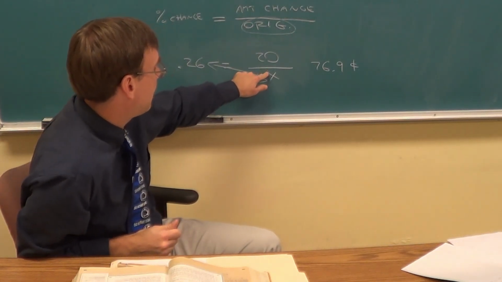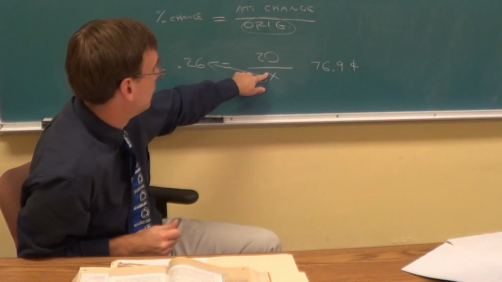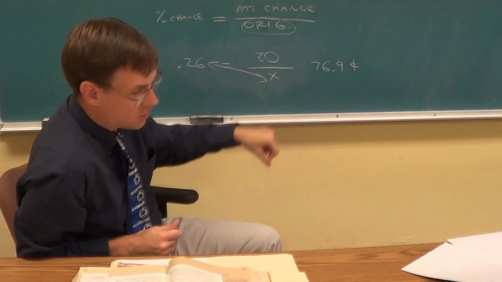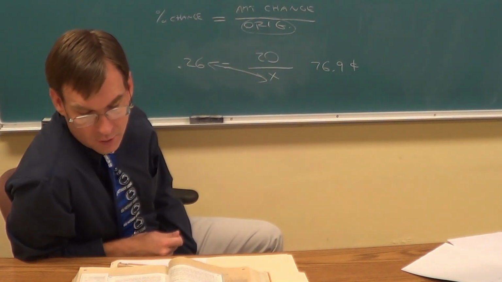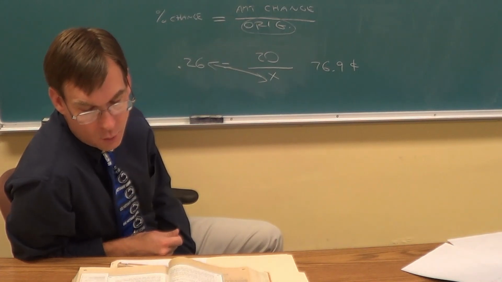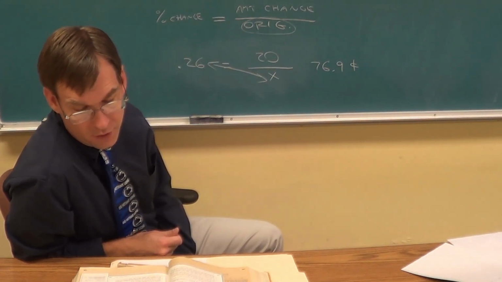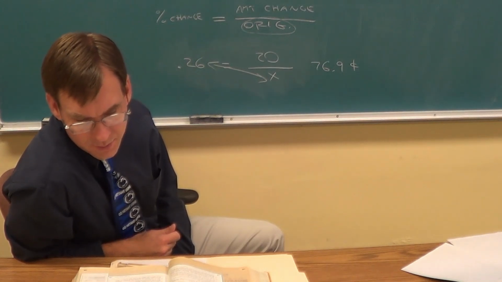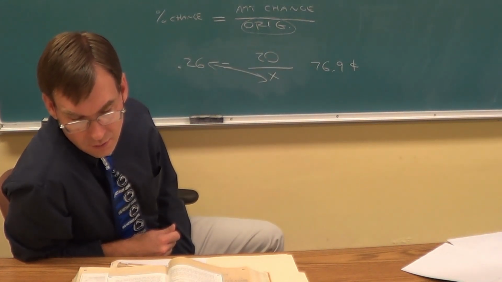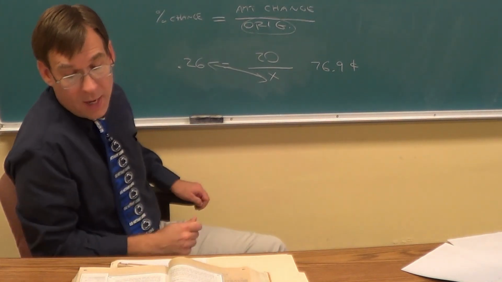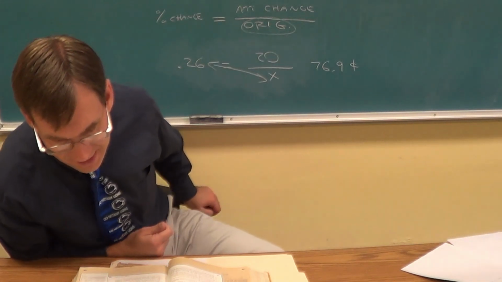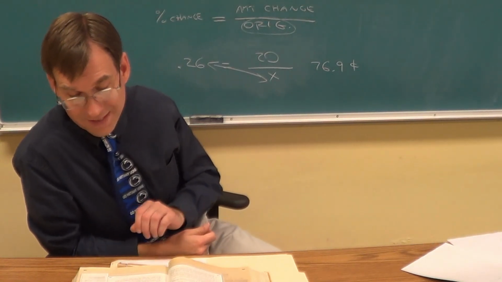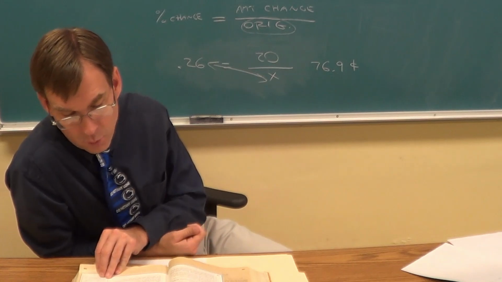What does the bottom of that formula represent? The original price. Did they ask you for the original price of gas, or did they ask you for the newer price of gas? They want the newer price. So how did the gas change in this story from the 76-cent basis? Increased by how much? It was 76, it went up 20 cents.